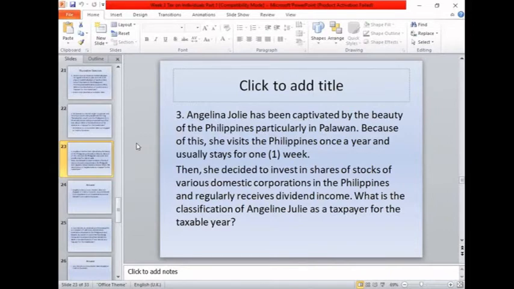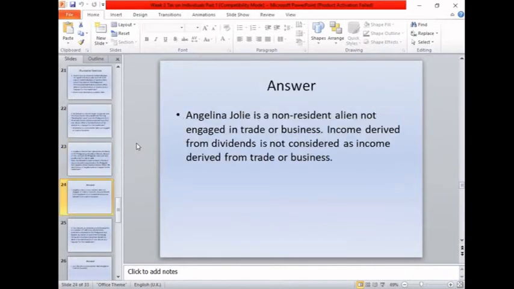So the question here is, what is the classification of Angelina Jolie as a taxpayer for the taxable year? So how can you classify Angelina Jolie? She is classified as still a non-resident alien not engaged in trade or business.